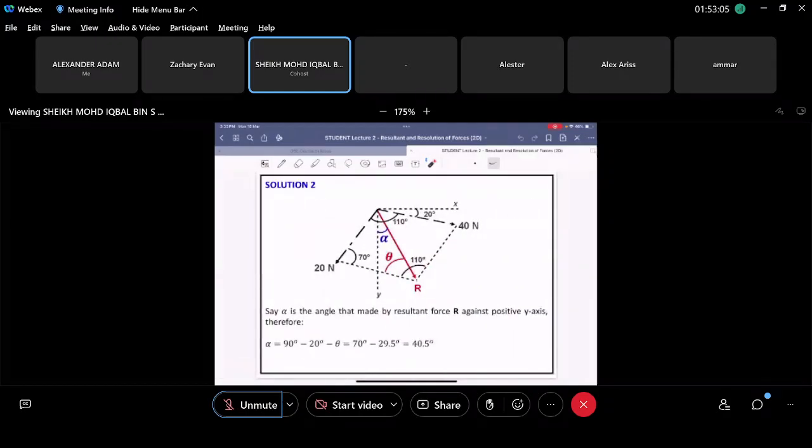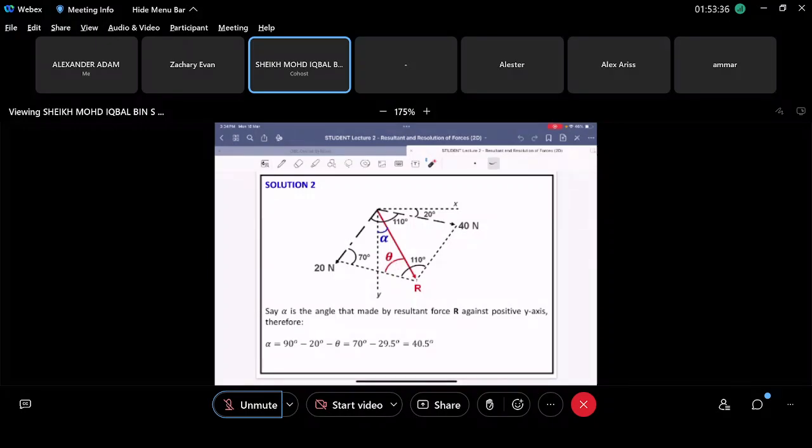And then you have to calculate angle alpha here. It is the angle that is made by the resultant force R against the positive y-axis. Therefore, alpha is 90 degree minus 20 degree minus theta, and finally you have 40.5 degree. This is basic maths, right? Okay, because as you can see here, x and y here, this is 90 degree, right? So 90 minus 20 minus theta, right? Why theta here?